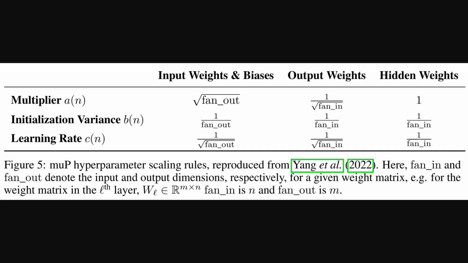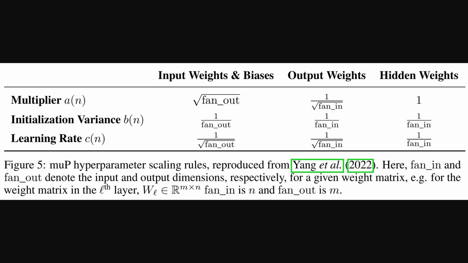Okay. So we've established Muon is very efficient, but a huge practical challenge is finding the right settings, or hyperparameters, to make it work. This is where a technique called maximal update parameterization, or MUP, comes in. Maximal update parameterization provides a set of rules to automatically adjust key settings as you scale your model up. This means you can find the best learning rate on a small model and reliably transfer it to a huge one.